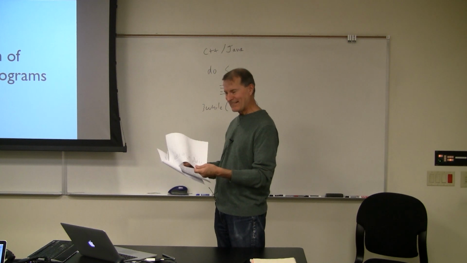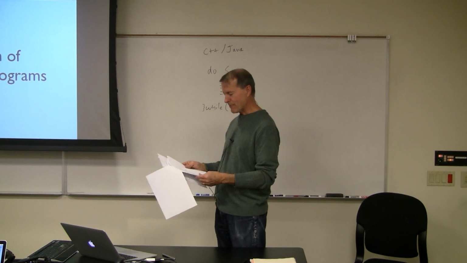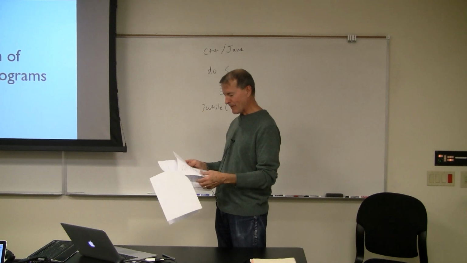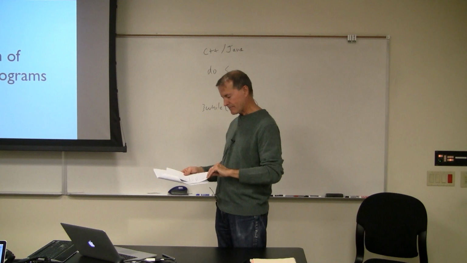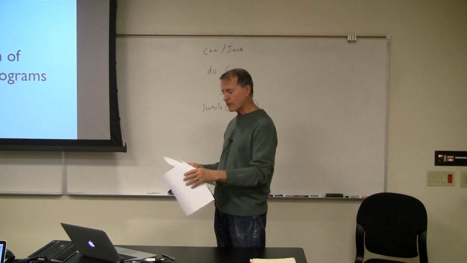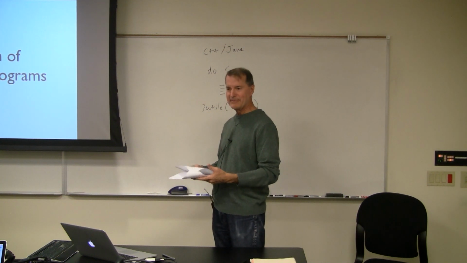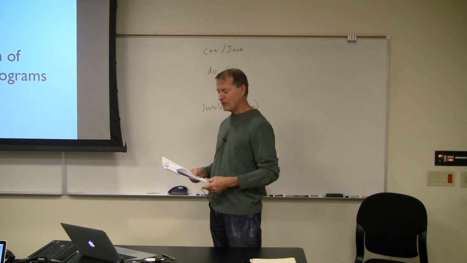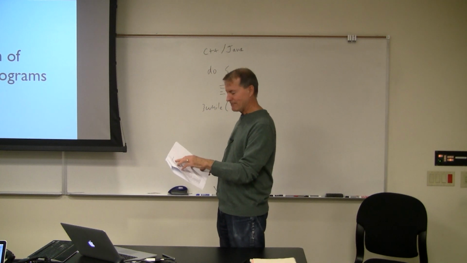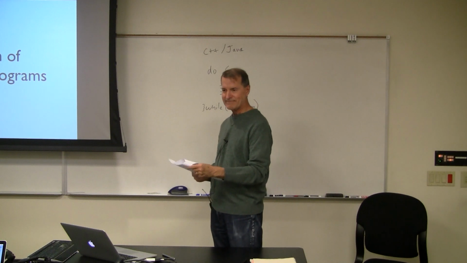Pages 1 through 5, with Leibniz as an axiom, proof technique, and edit theorems, are review from your formal methods course. What we're going to do is linear temporal logic, starting on page 6.